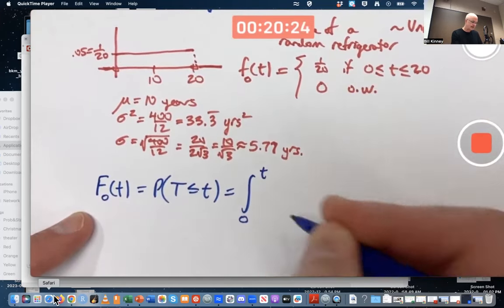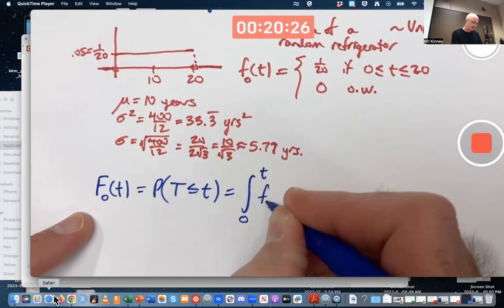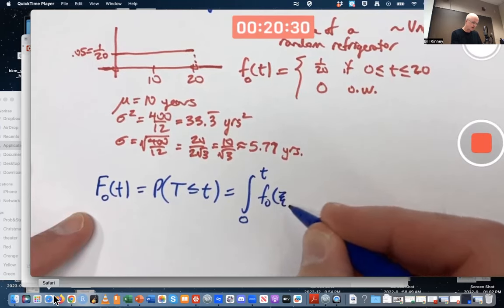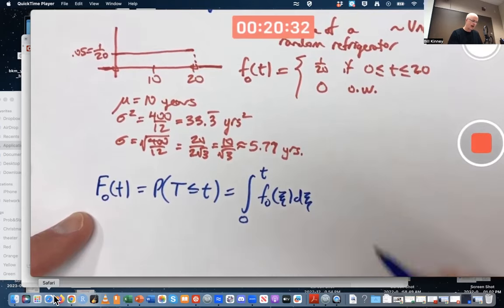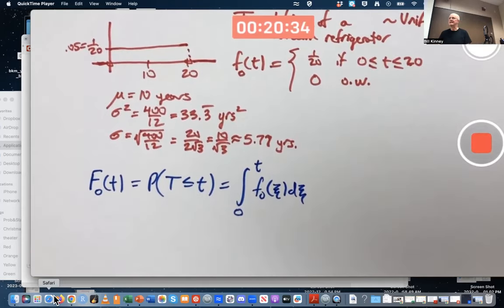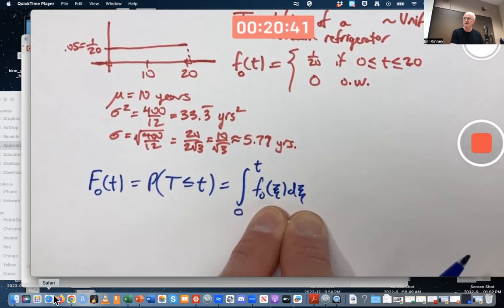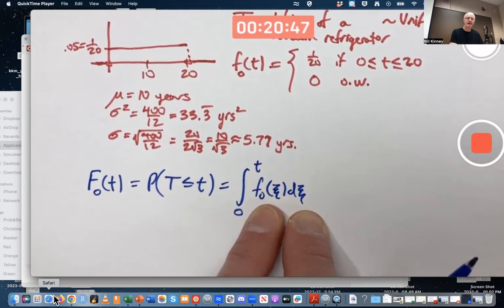Make the upper limit the t, and here we put the PDF, and I think I'll go ahead and use my favorite Greek letter, xi, here for fun. Little f of xi d xi. Okay, it doesn't matter what letter you use there. Just don't use a t. Don't use a d. Don't use an f. Use something else. U, tau, whatever you want. I like xi. It's so much fun to make.